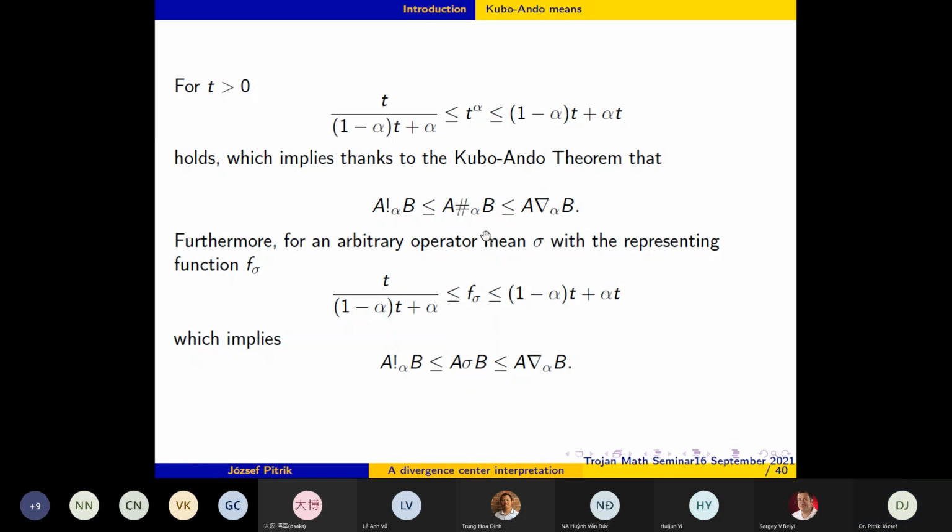Furthermore, for an arbitrary operator mean sigma with representing function f sigma, f sigma is always between the representing functions of the harmonic and arithmetic means. That is, the harmonic mean is the smallest and the arithmetic mean is the greatest mean among the Kubo-Ando means.